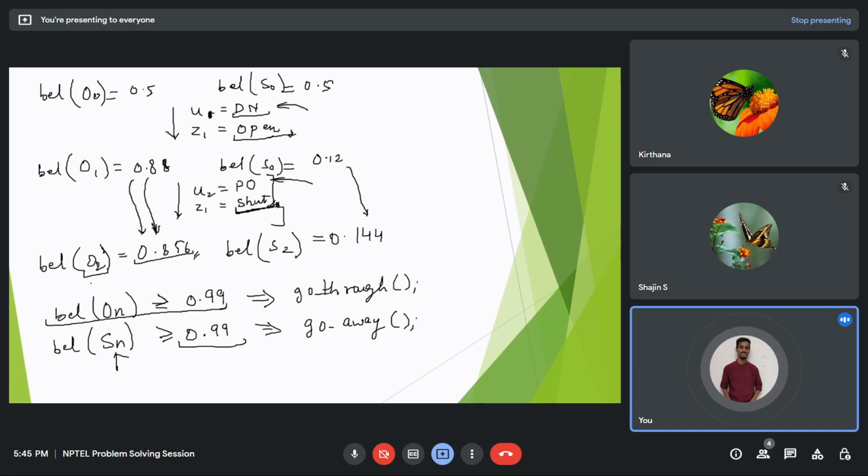So this is how you use your state estimation, basically the probability of your states, to guide your actions, to guide the behavior of the robot. I think this should help you in your assignments also, and if you try to implement something in robotics, basically state estimation.